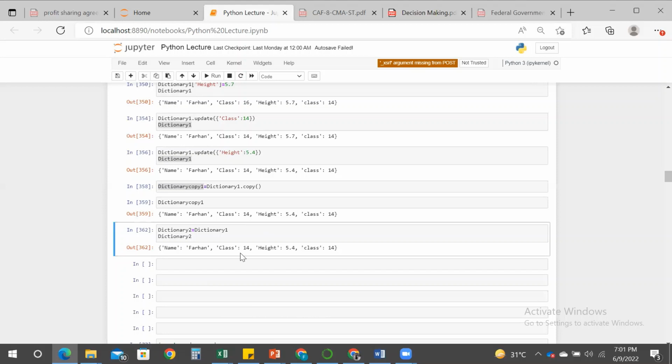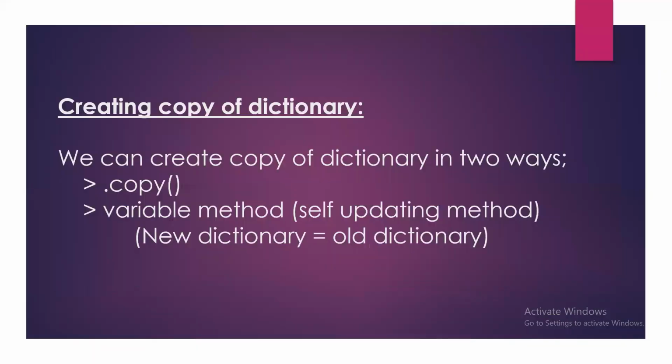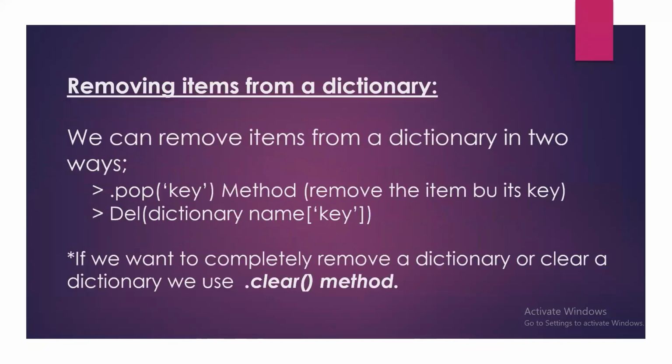So let's move to the remove function, and let's see how we can remove items from a dictionary. We can remove items from a dictionary in two ways. Just as we removed elements from a list, we used the .pop method, and we used the del function. In the pop method, we use the name of the dictionary which we want to change, then give a dot and use the pop function. In a list, we use the index, but in a dictionary, we will use the key.